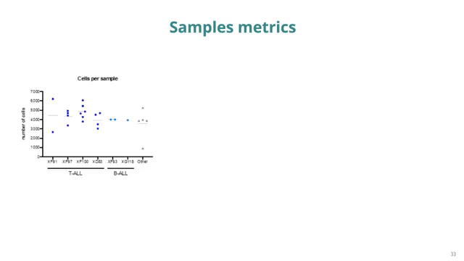Then the next thing I want to show you is some metrics on these 24 samples. So now each of the dots is one of the samples, and the X labels are just the patient code. First of all, you can see the number of cells that we were able to obtain after passing quality filters for each of the samples.